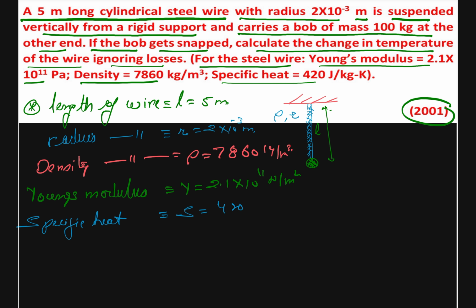Okay. So first of all, we are going to find out the mass of the wire, and then we are going to calculate the elastic potential energy stored in the wire. When the wire gets snapped, this potential energy will be utilized in raising the temperature of the wire. So first we are going to find out the mass of the wire.